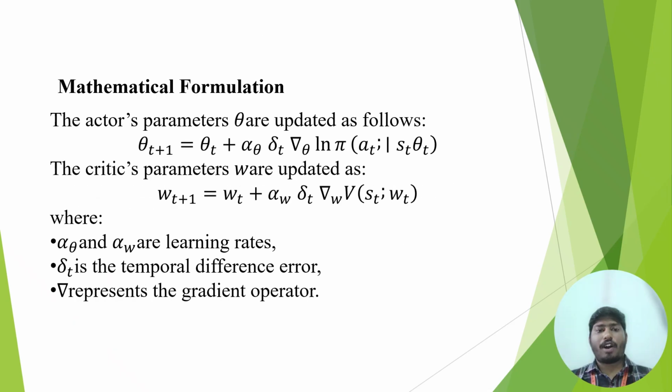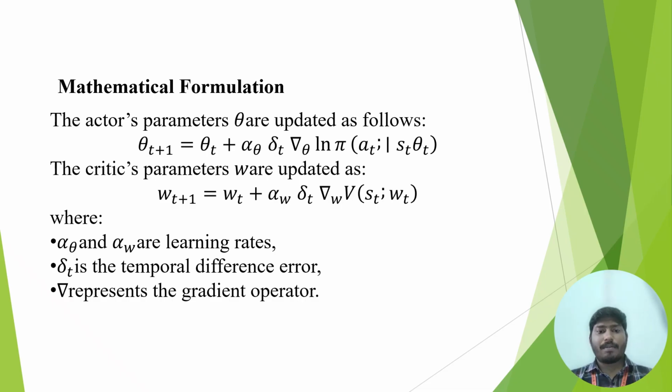The mathematical formulation of the actor and critic: the actor parameters theta are updated as follows. Theta t plus 1 is equal to theta t plus alpha theta delta t, gradient of log pi of a t, comma, s t, theta t.